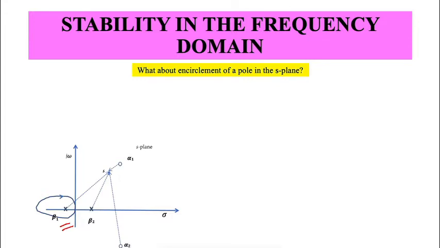Now let's say I have a contour where I start here and go like this. So this phasor is S minus beta 1. I'm starting here, I will rotate and I will come here.